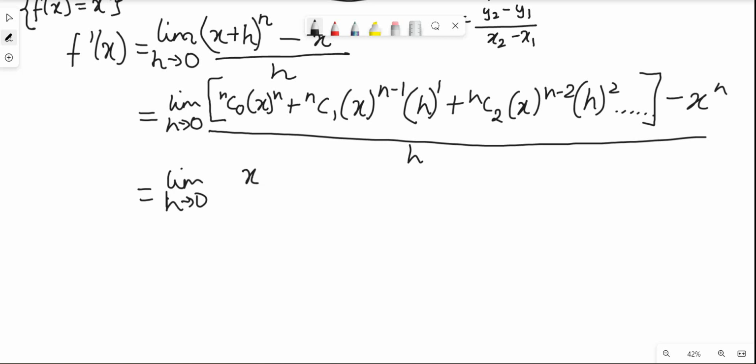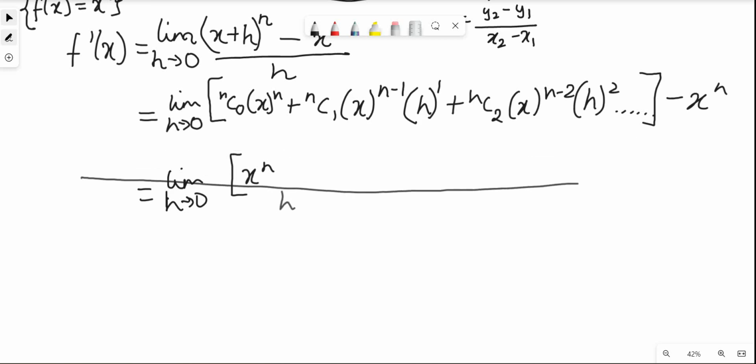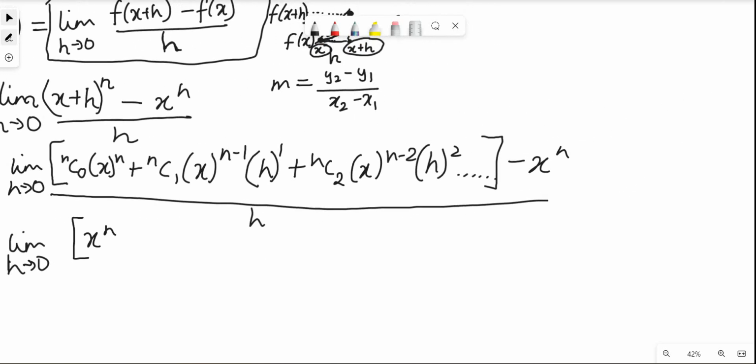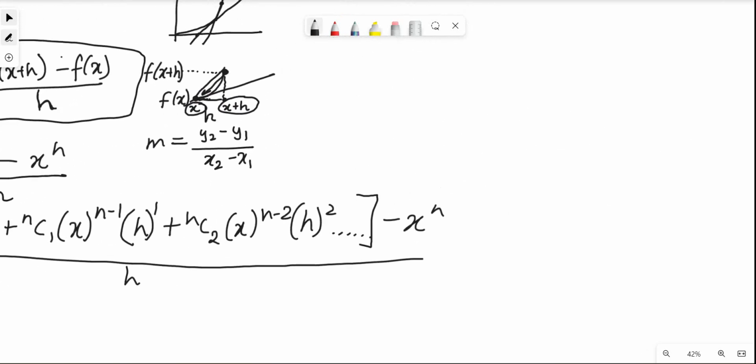So x power n, let me just keep the square brackets, and nC1, if you remember the formula for combinations, so nCr equals, say it with me, n factorial divided by, what's the first term? r factorial times n, is it factorial?